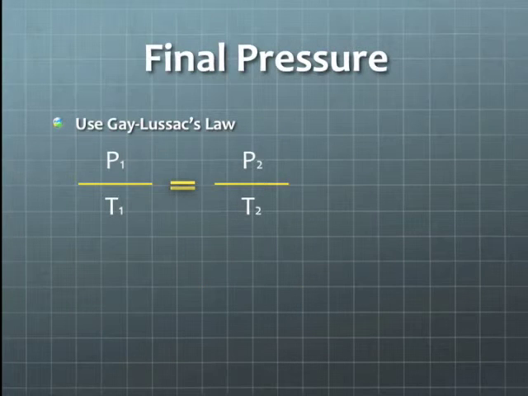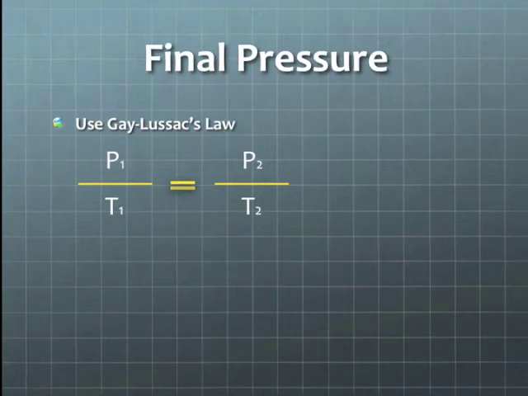So lastly, we calculate the final pressure of the argon gas. We use Gay-Lussac's law, which is initial pressure divided by initial temperature equals final pressure divided by final temperature. And since we got those values, that's why we use Gay-Lussac's law. And for the temperature, Kelvin is being used because it is the main unit that scientists use.